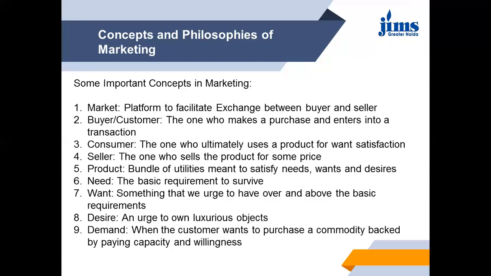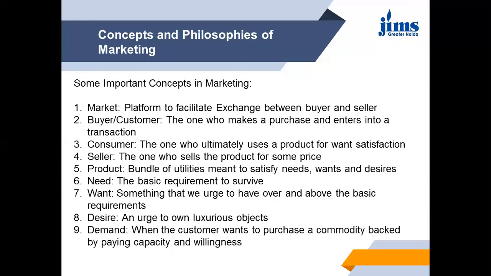The next one is product. A product is a bundle of utilities that is used to satisfy needs, wants, and desires. A product can be physically touched and tangible, therefore called a product, and can be intangible in terms of service.